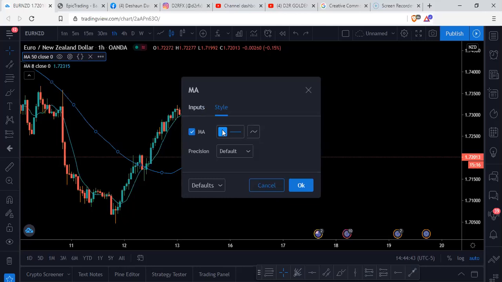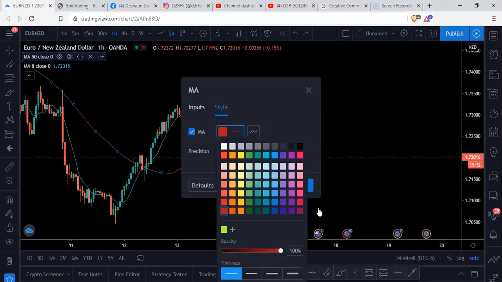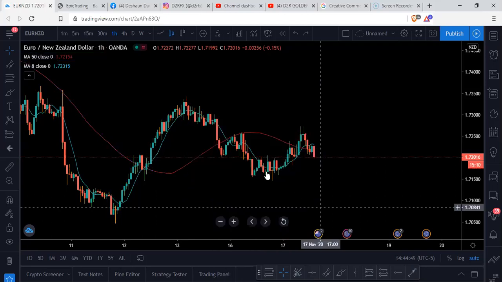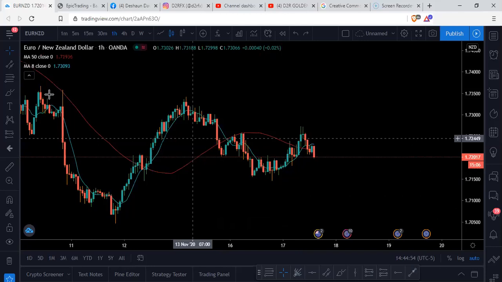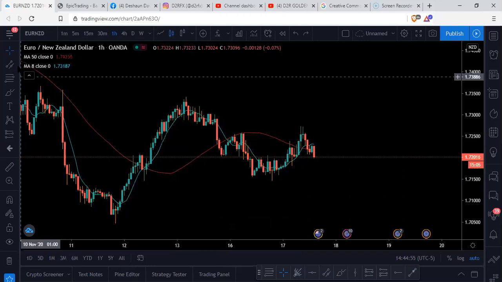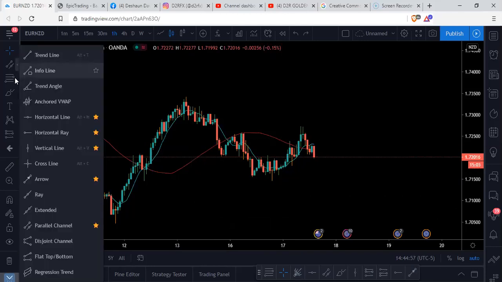We'll make the 50 red. What you want to see is crosses, the moving averages crossing each other. That's an indication of a sell or a buy, and I'm gonna show you an example of both.